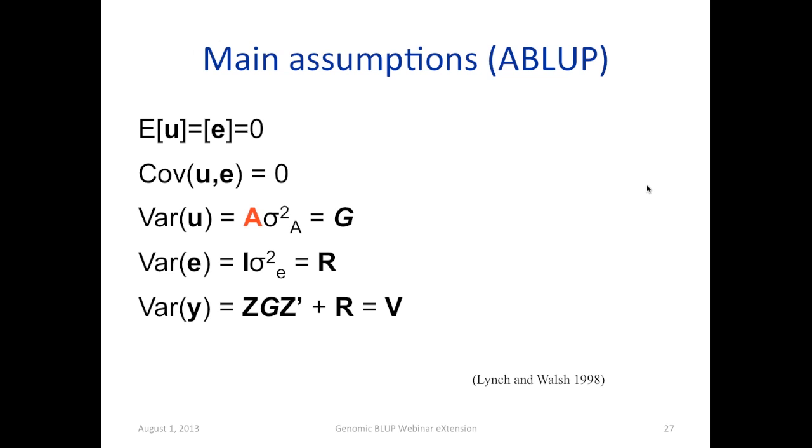And then we assume that residuals have an identity matrix, which is the R matrix. Every individual has the same error variance, although those assumptions may change depending on the experimental design, especially for plant breeding. To sum up, the variance of the observation is the product of Z, G, and Z prime plus the residual variance.